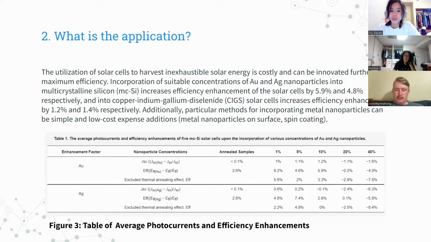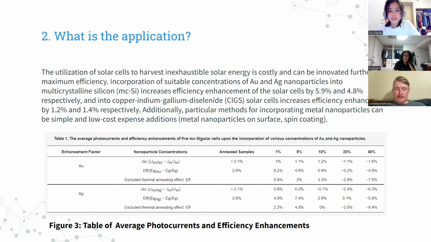This increases the efficiency enhancement of the MC silicon cells by 5.9% and 4.8% respectively. And it increases the efficiency enhancement of the CIGS solar cells by 1.2% and 1.4% respectively.